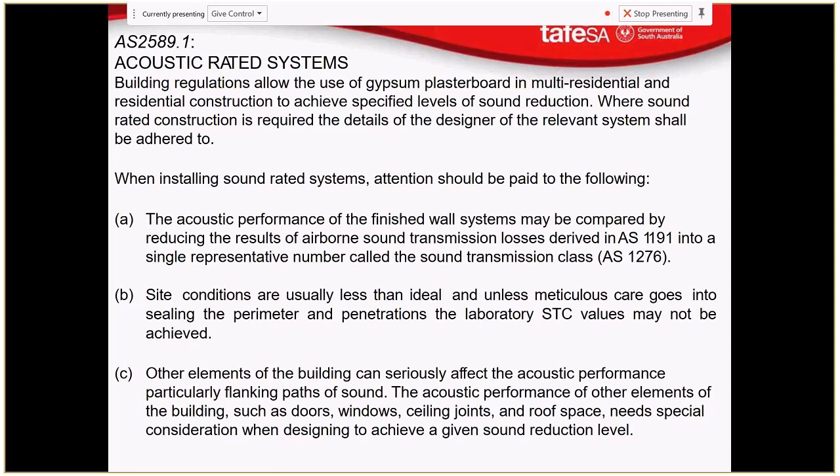The acoustic performance of the finished wall system may be compared by reducing the results of airborne sound transmission losses derived in Australian Standard 1191 into a single representative number called the sound transmission class. So, as with many other scenarios within the National Construction Code and associated Australian standards, you have different classes for buildings in regards to sound transmission as well.